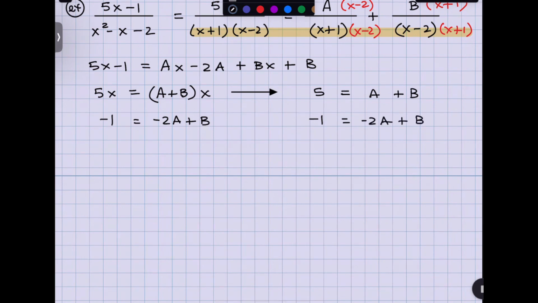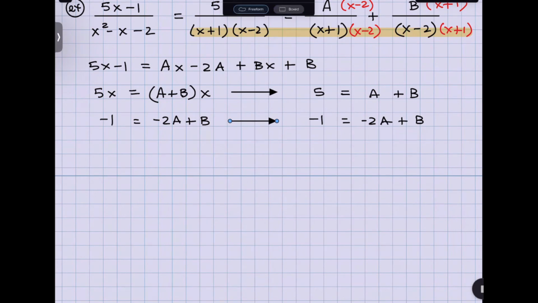Is there any way of solving this right now, just like this, like I did before? No. Right? But what do I have here? I got 2 equations, 2 unknowns. Right?